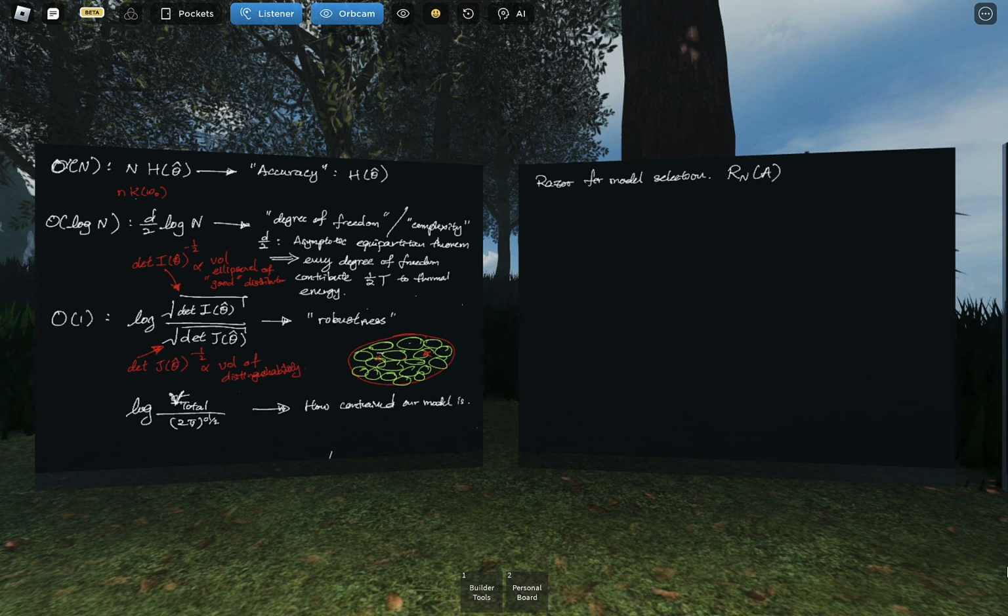I think a less philosophically inclined language for this will be information criterion in modern parlance. So the razor Rn, Balasubramanian claims, is defined to be the quenched version of the evidence.